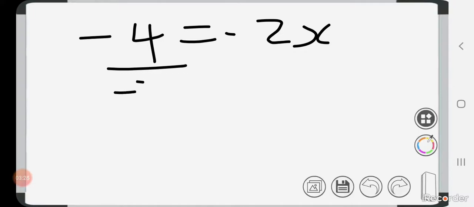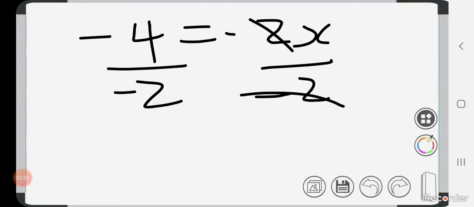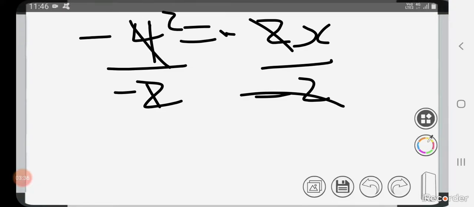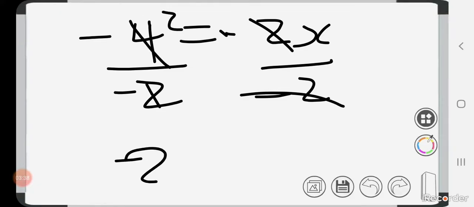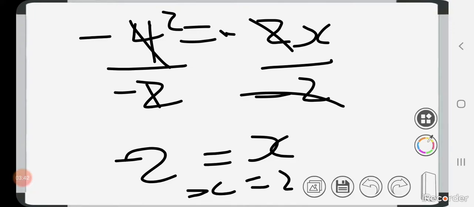We can divide both sides by minus 2. Right? That goes away. And that goes once, that goes twice. So 2 is equal to x. Then x is equal to 2.